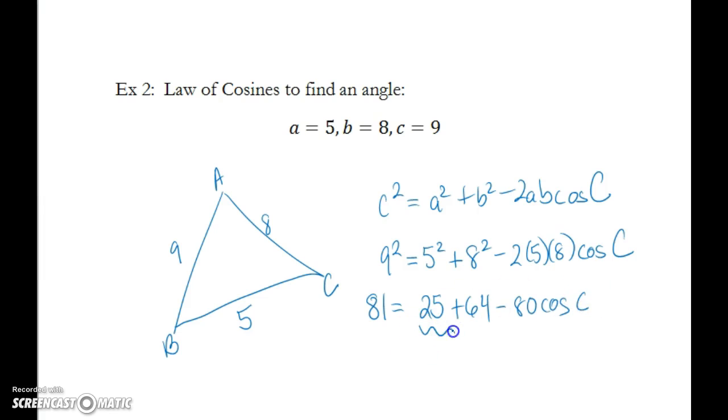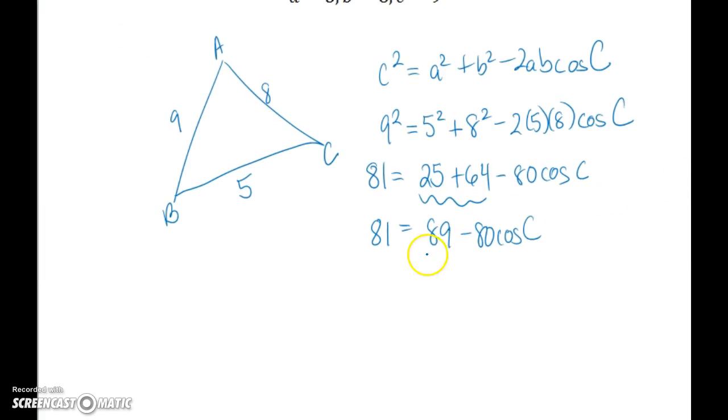We can add the 25 and the 64 together. 81 equals 89 minus 80 cosine C. Now what you don't want to do is subtract the 89 and the 80. That is the biggest mistake that students make. 80 is attached to cosine C.